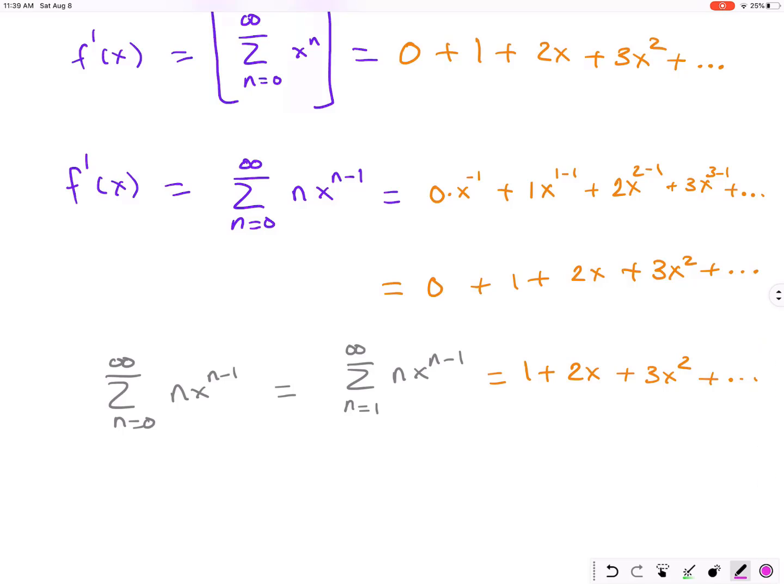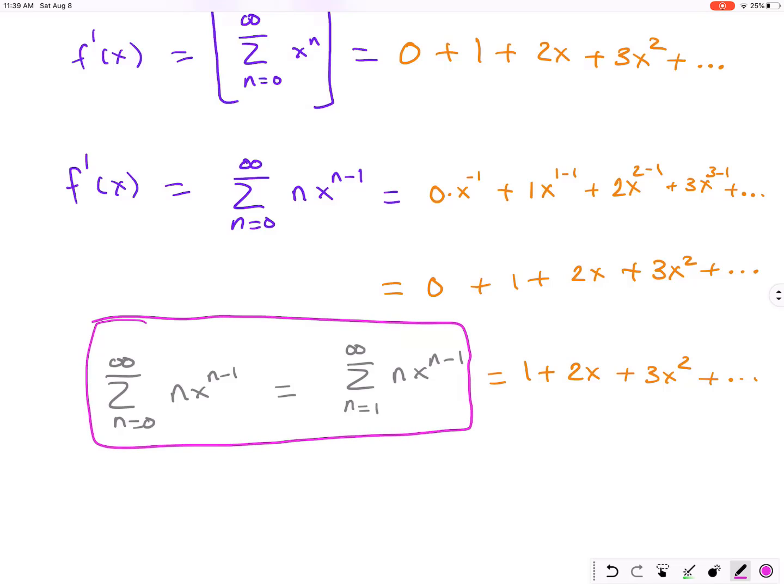So the important thing to see here is that I changed the index of those two summations, but they are exactly the same. So I changed the index to start at 0, and I changed it to start at 1, but I didn't have to change the actual rule of the summation, because those two rules are equivalent when n starts at 0 or when n starts at 1.